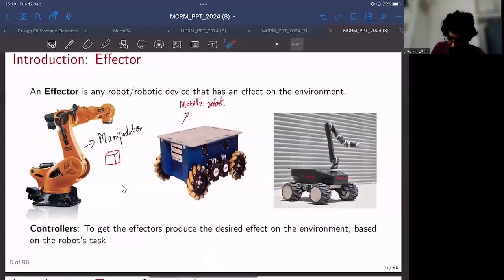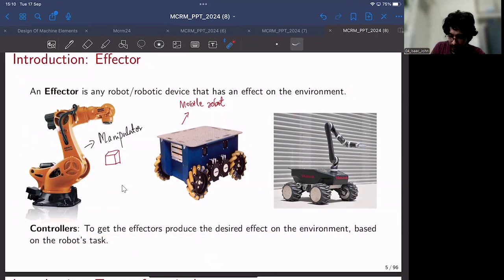And another term that we would be coming across more often during this course is controllers, which is to get the effectors to produce the desired effect on the environment based on the robot's task. So a controller would give the appropriate control signals to the actuators.